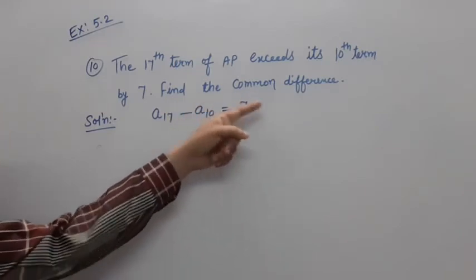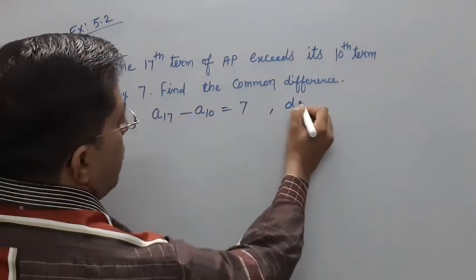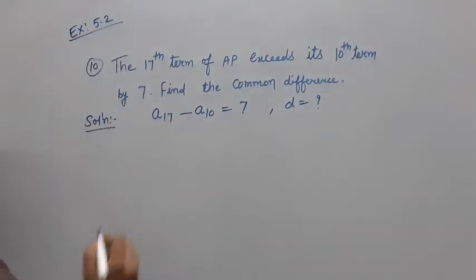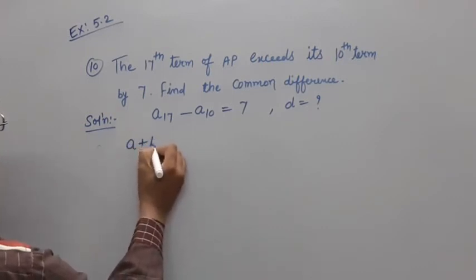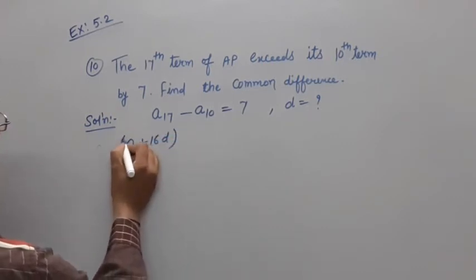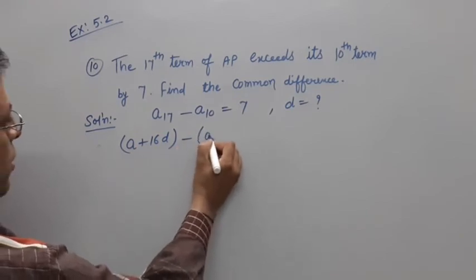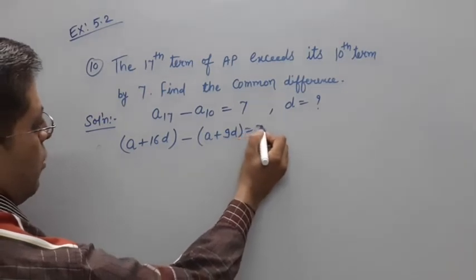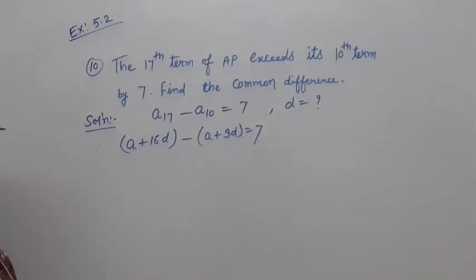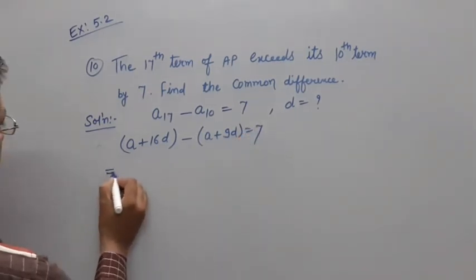What you have to find is the common difference. What do you mean by A17? A plus (17 minus 1)D, so I can write directly A plus 16D. Similarly, A plus (10 minus 1), meaning 9D, and the difference is equal to 7. Then what will be the next step?